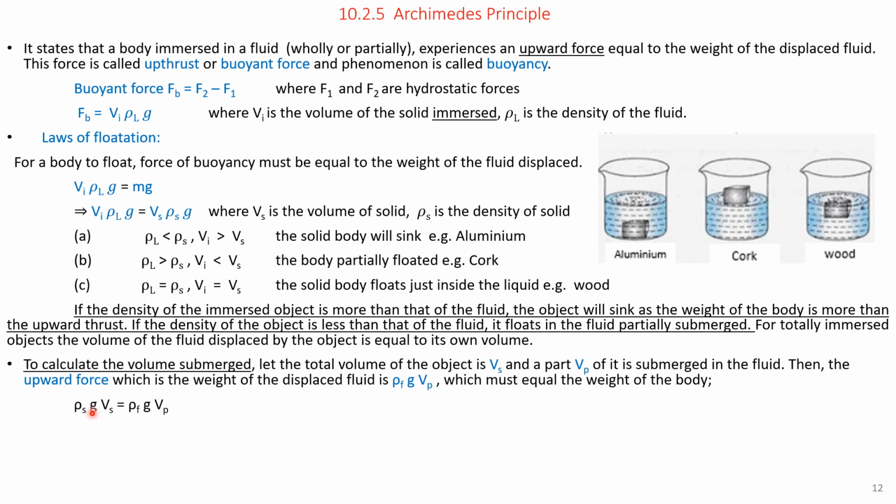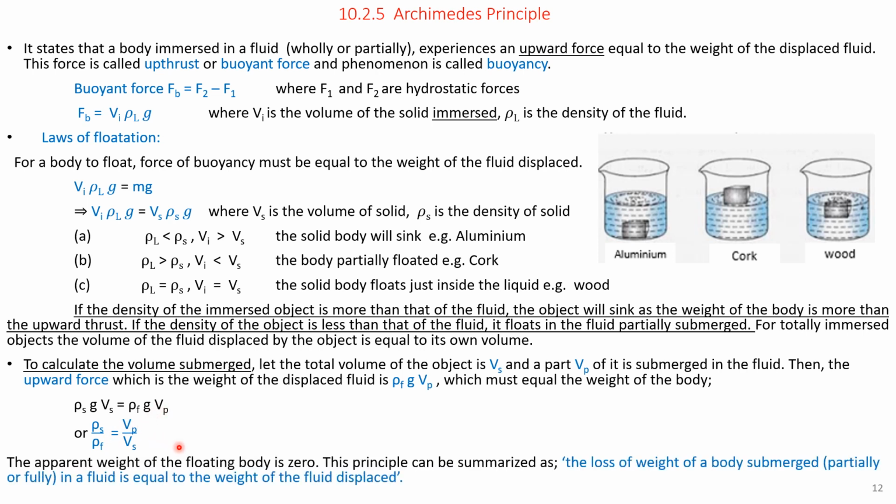Therefore, rho s into g into Vs is equal to rho F into g into Vp. Therefore, g and g get cancelled. Therefore, rho s by rho F will be equal to Vp by Vs.